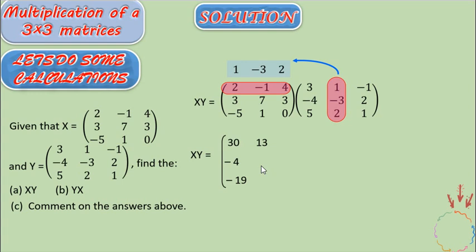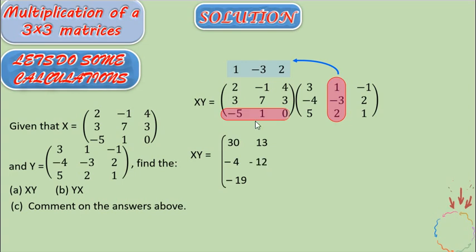Now do the same thing here. Row 2 is going to be multiplying column 2. The answer you get for that multiplication will be here. If I carried out the multiplication very well, you have minus 12.